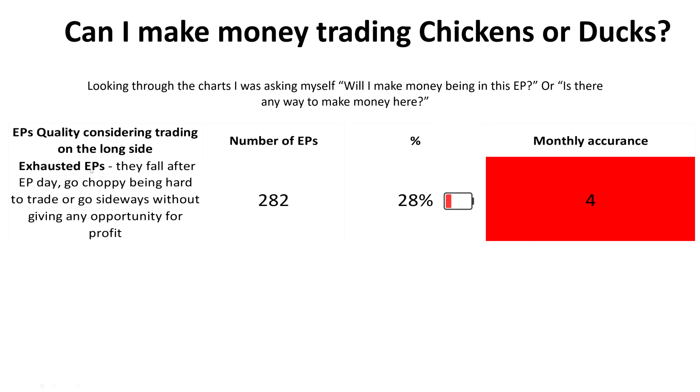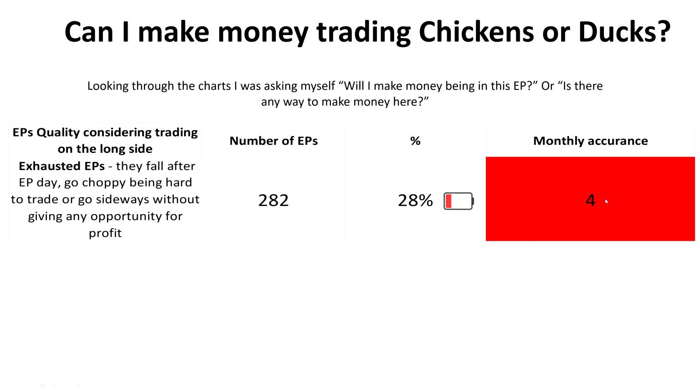are exhausted EPs. They fall after EP day, go choppy and are hard to trade, or go sideways without giving any opportunity for profits. So they can be a chicken or duck, but it's an already exhausted chicken or duck. There is no way to make money from them.